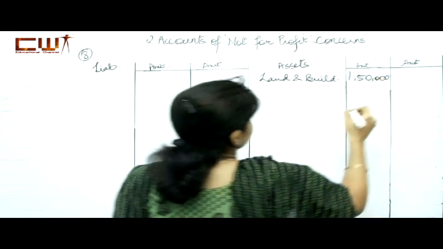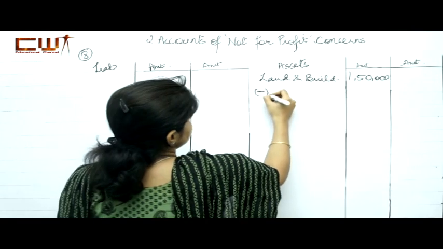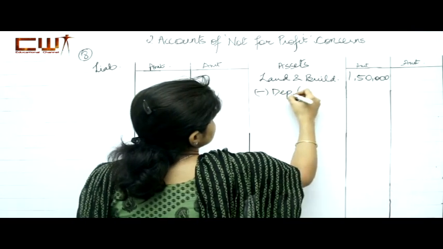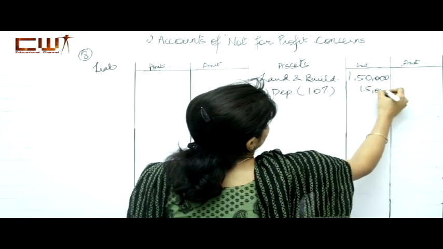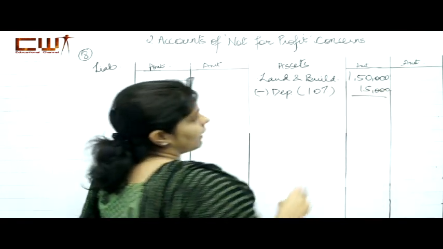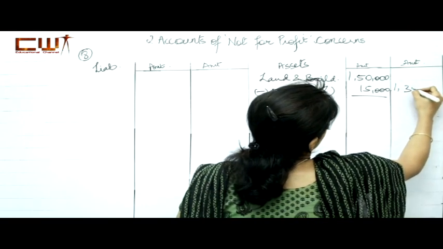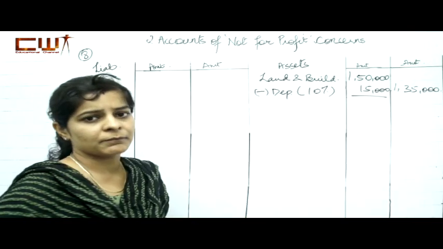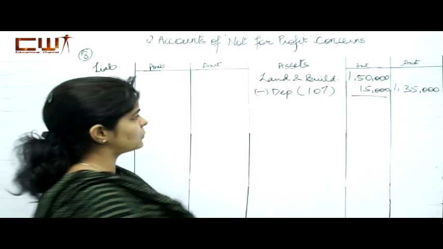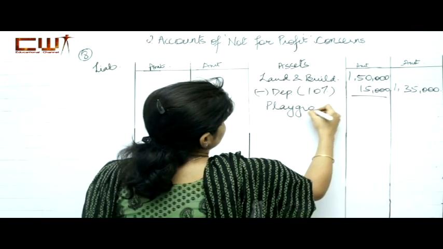Land and building of 1,50,000. Then you have to subtract the depreciation of 10%, less depreciation 10%, how much? 15,000, always on the book value or on the opening balance. This will give you 1,35,000. This is the land and building. Then they have given the playground, which has no depreciation, so you will directly write it in the main column.